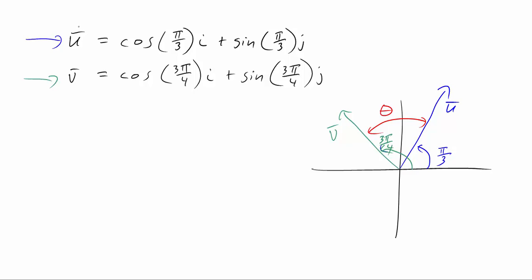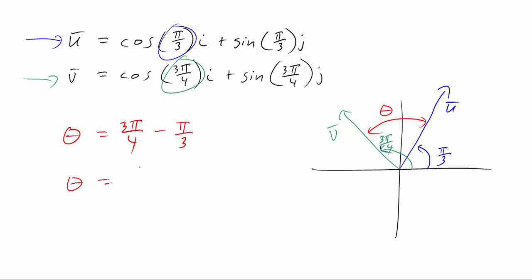So if we're looking for the angle in between, we're simply going to take the 3 pi over 4 and take away the pi over 3, and we'll be left with the angle in between. Because here they actually give us the two angles. So all we have to do is subtract to find our angle.